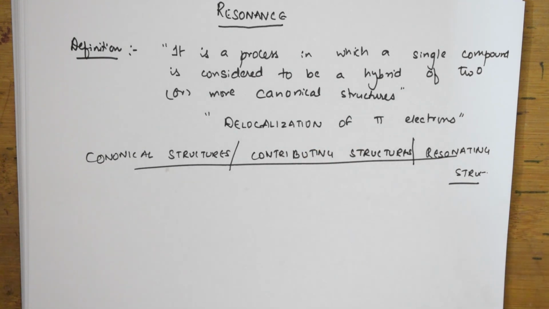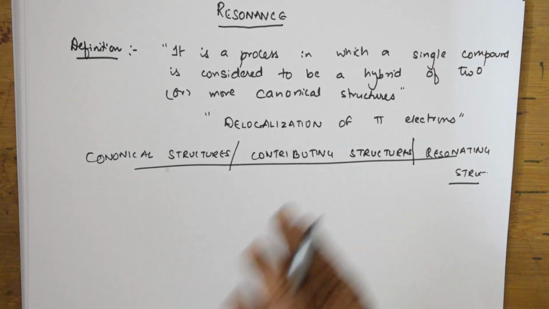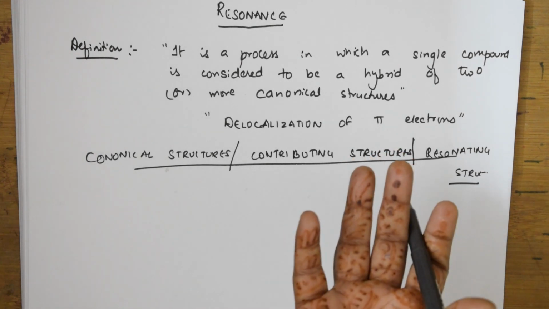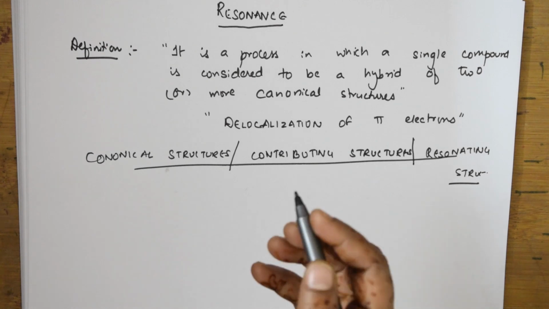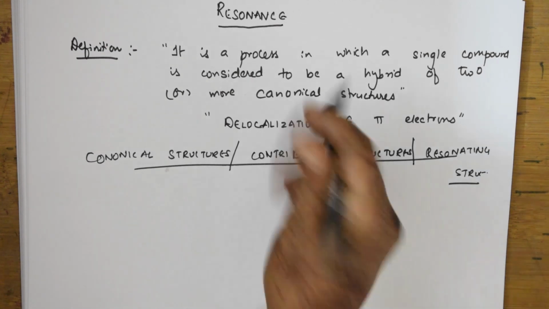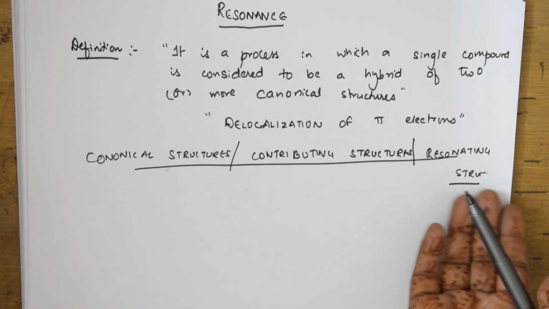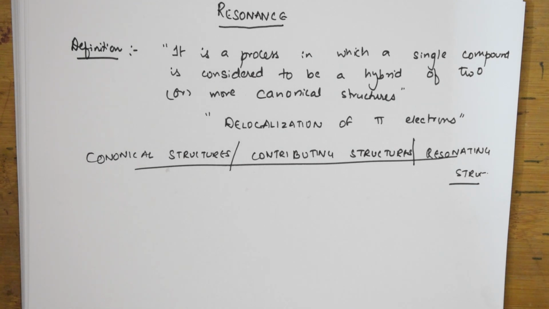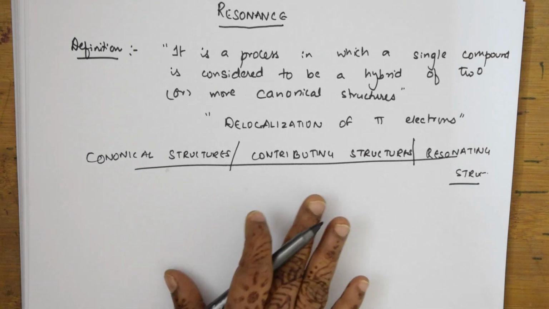Those many structures are called canonical structures. If I'm not able to explain with a single structure, I'll draw different structures and finally explain the properties. Such structures are called canonical structures.